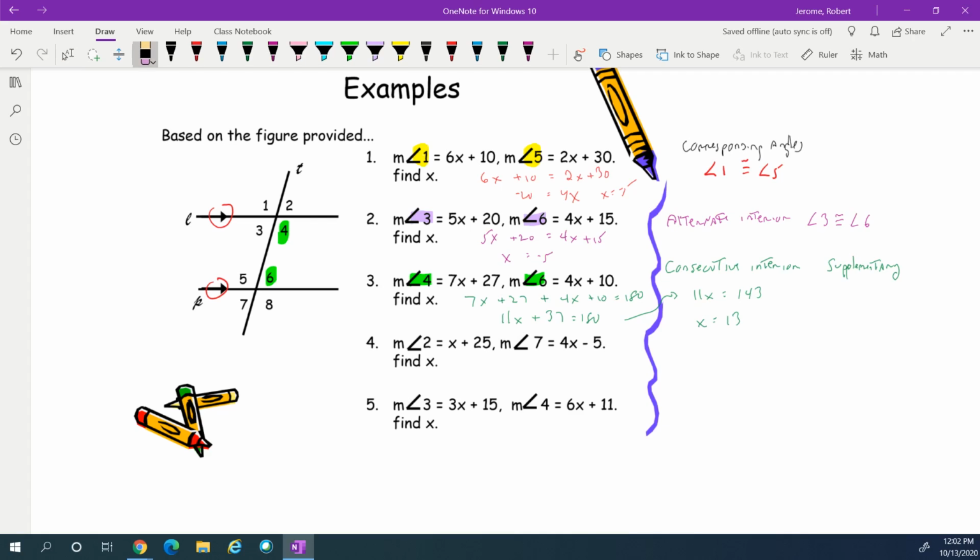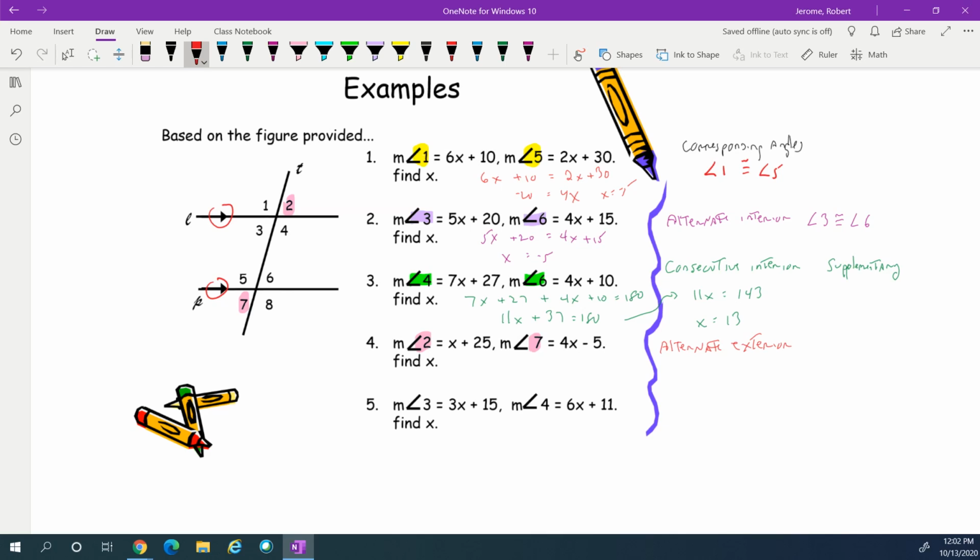Okay. We've only got 2 more. Let's just do them. Angle 2 and angle 7. So what are they called? Alternate exterior.